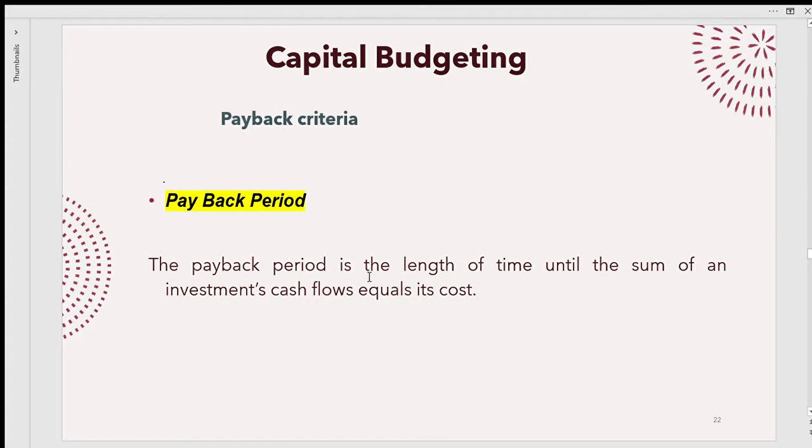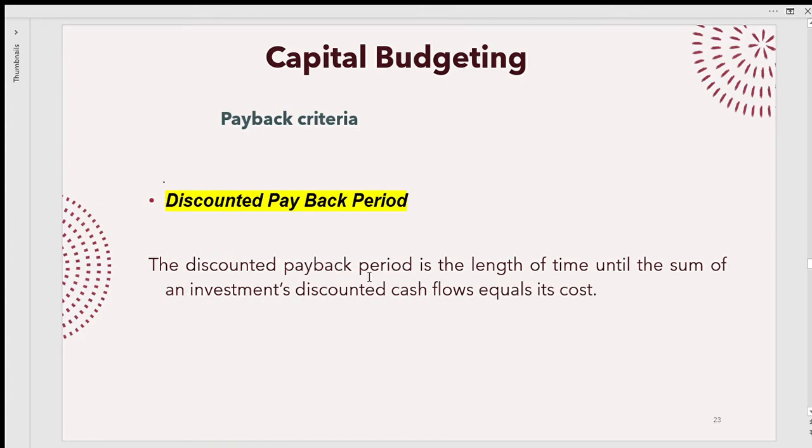The second payback technique is discounted payback. Here you count your discounted amount, not the original amount. You can see in other problems what the discounted amount is. The empirical problems will clarify the difference between payback period and discounted payback period.